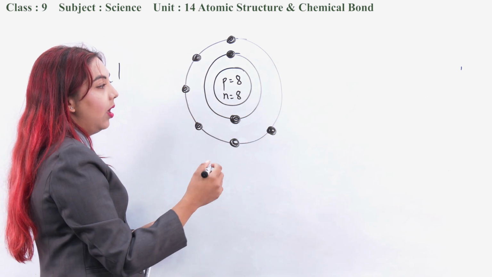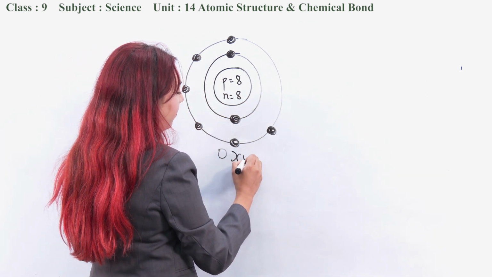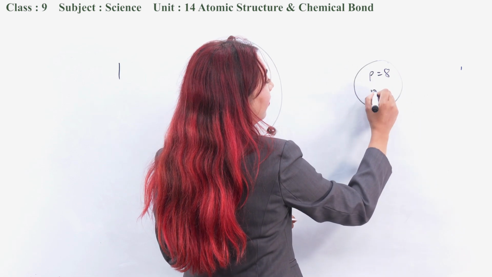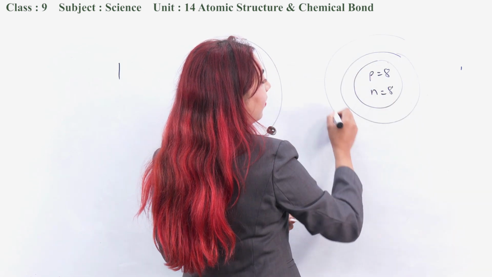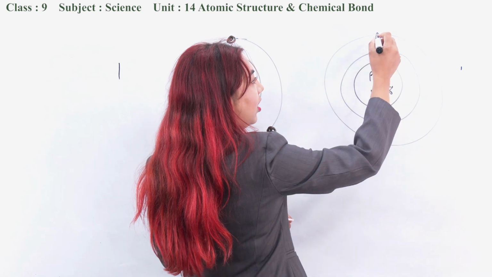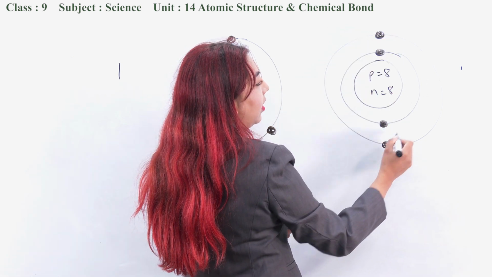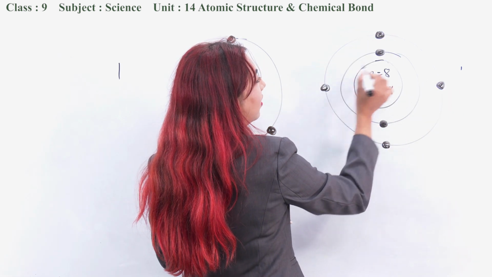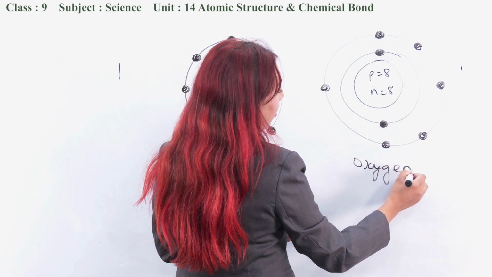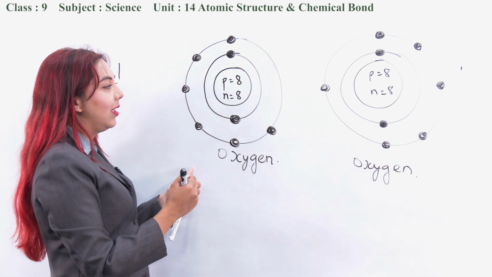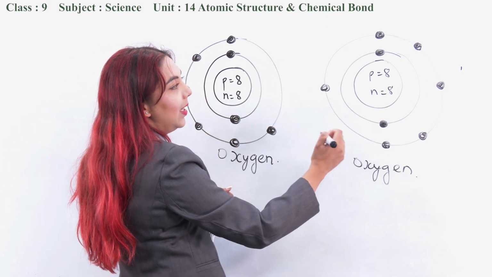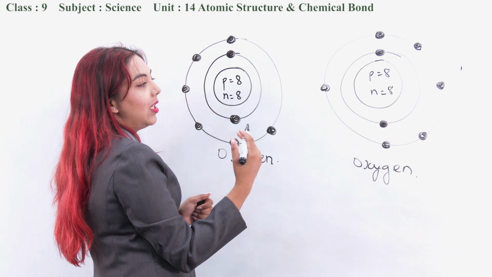Now similarly, there is another oxygen atom. This also possesses a maximum of 2 electrons in its innermost shell, then the remaining 6 electrons in its outermost shell. Now, for this oxygen atom to reach the octet state, it needs 2 additional electrons. Similarly, this oxygen atom also needs 2 more electrons to reach the stable octet state.